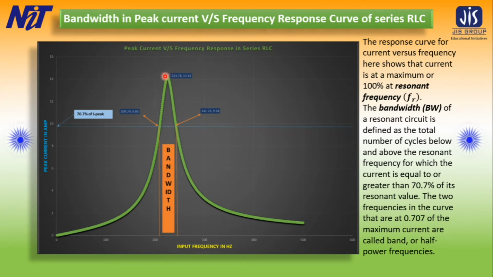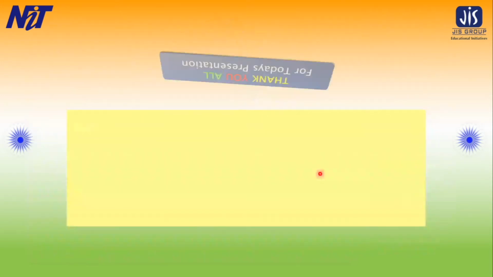If you assume that is 100% peak for this particular circuit, then 70.7% of this peak will be your half power point, and the two frequencies, the lower one and the higher one, give your delta F for the bandwidth. I will show you how to retrieve this graph in an Excel sheet when I do the simulation.